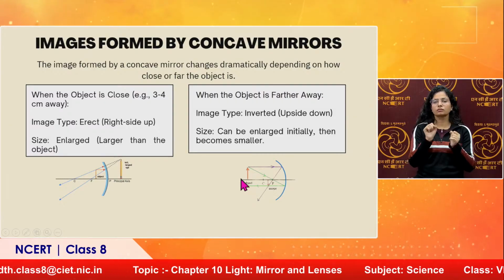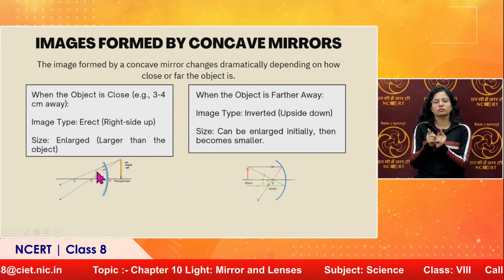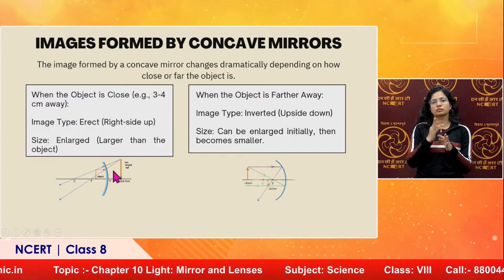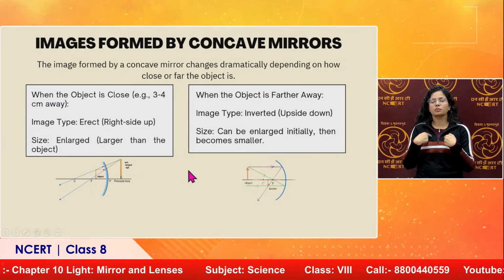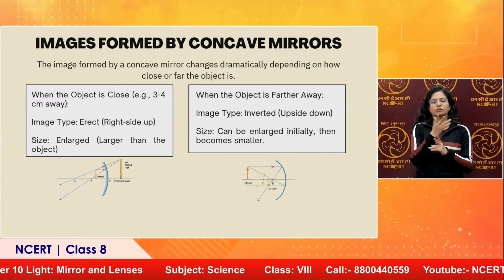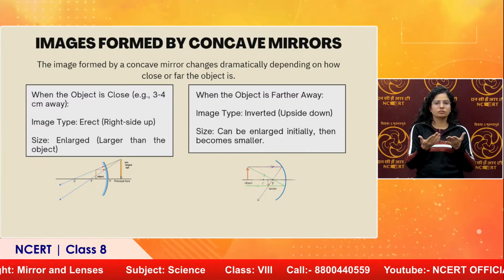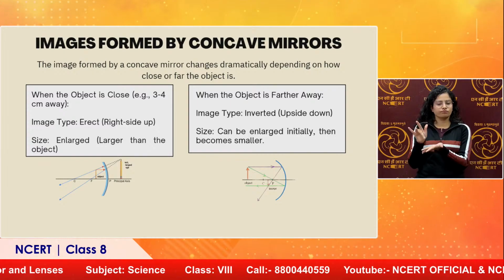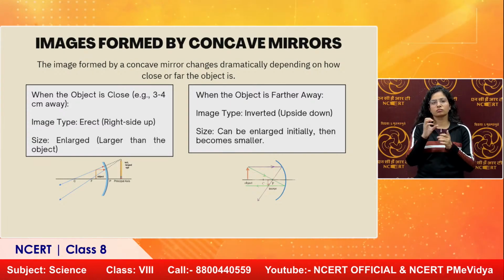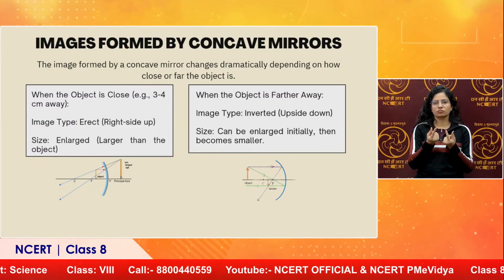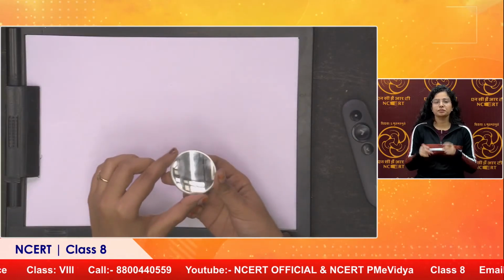It is comparatively small. What I am trying to say here is that when you change the position of an object in front of a concave mirror, the image changes. We will quickly have a look. So this is a concave mirror, right?